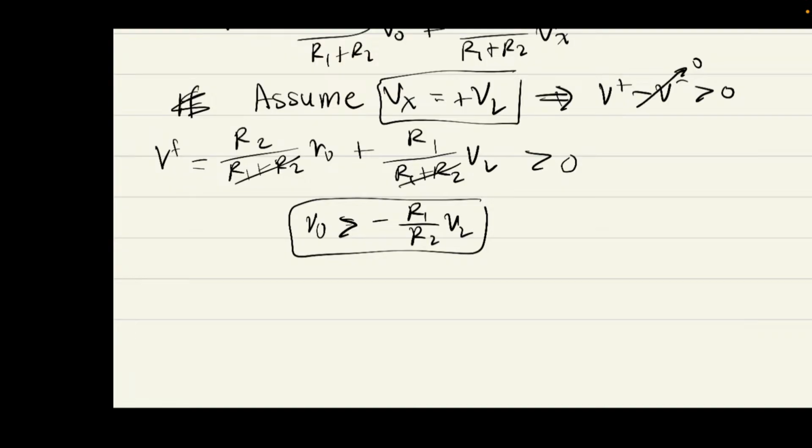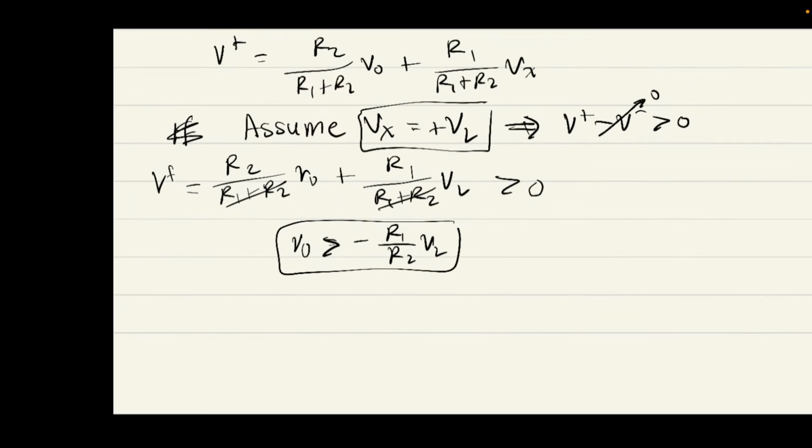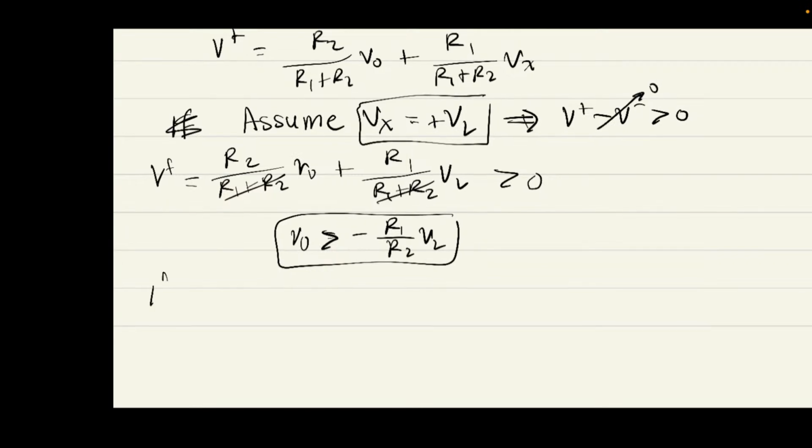Nice. Now what does this mean? It means that if Vx is VL, if it's positively saturated, then it will remain at this state as long as this condition is upheld.